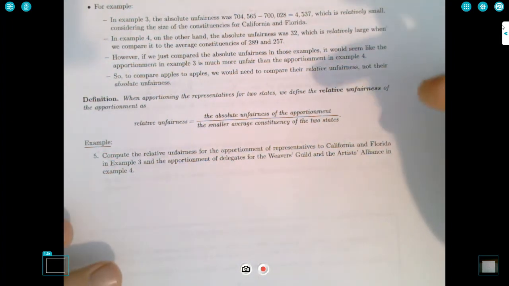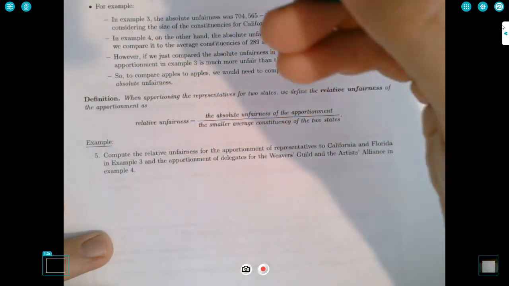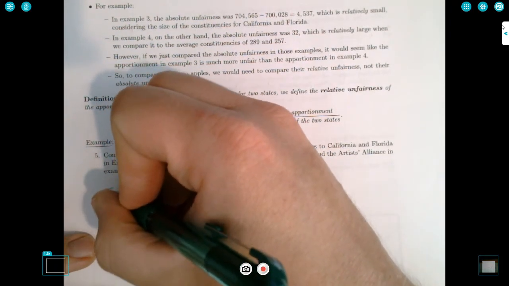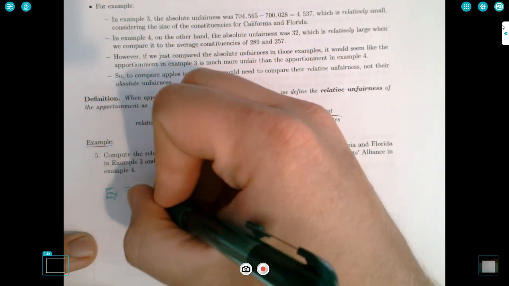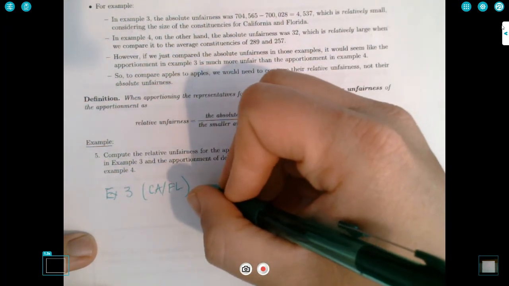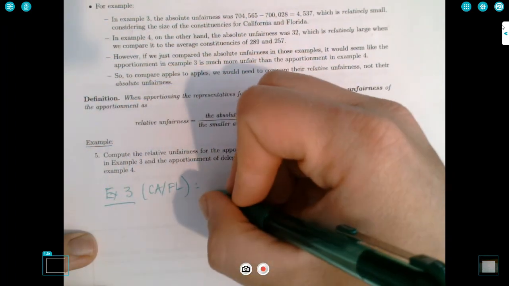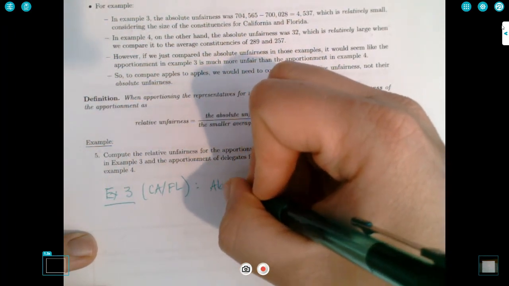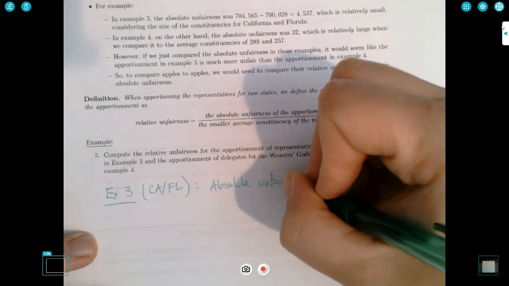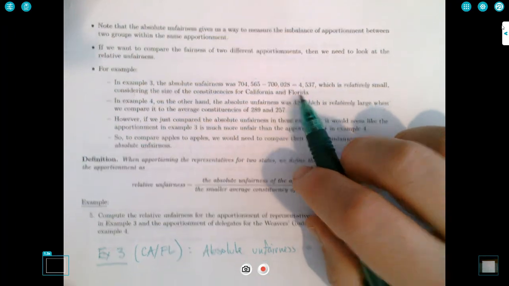For example 3, the California-Florida example, the absolute unfairness was about 4,537.